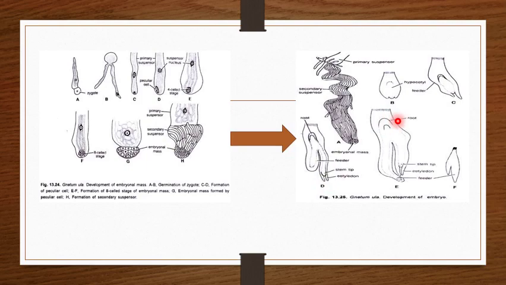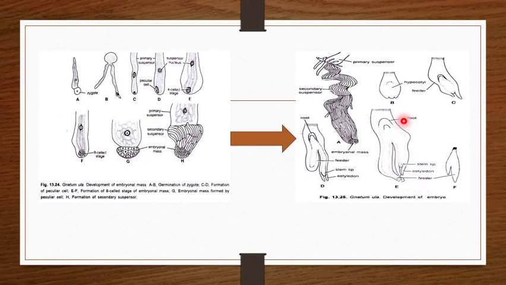On the opposite side, the development of the root tip with a root cap occurs. In further development, after the formation of stem and root tips, the feeder, a protuberance-like structure, is present between the root tip and the stem tip.